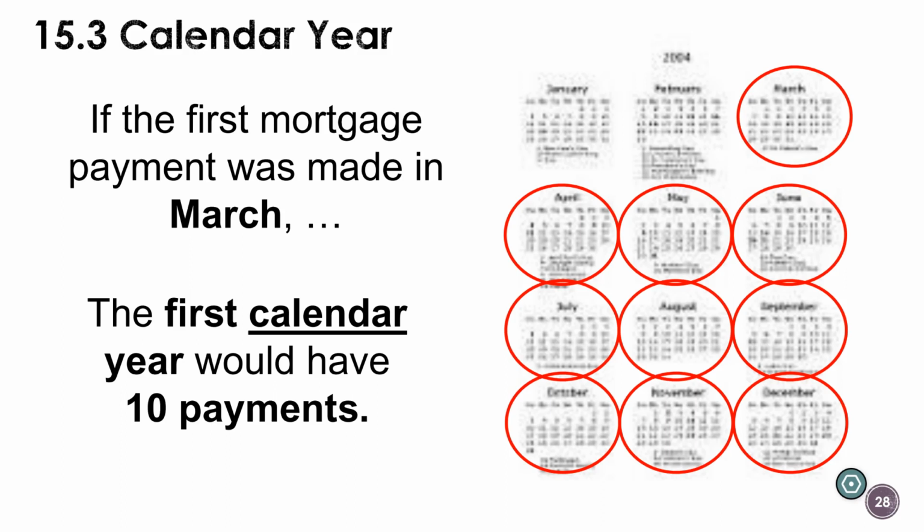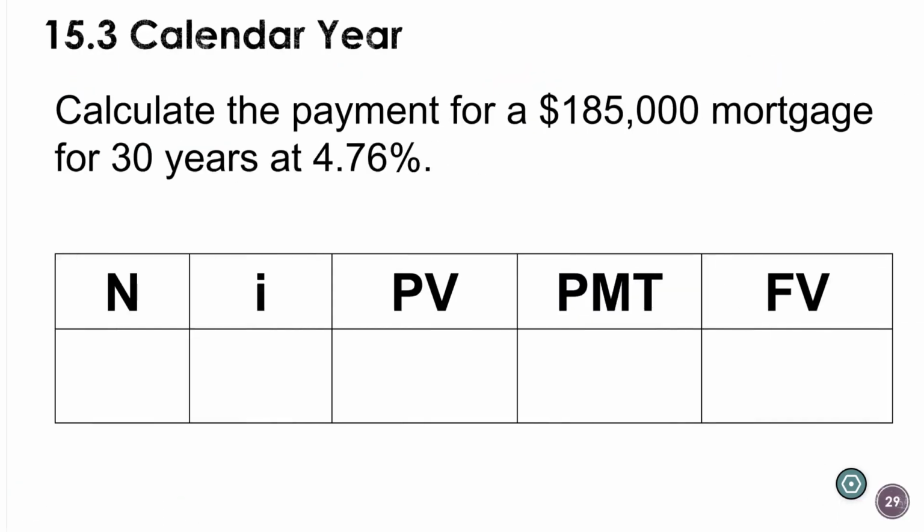You can vaguely see these months on here. It's kind of dim, but for January and February, we didn't pay a payment. Our first payment for our mortgage was in March. I think that makes sense, and you can of course count that up. So 10 payments for that calendar year.